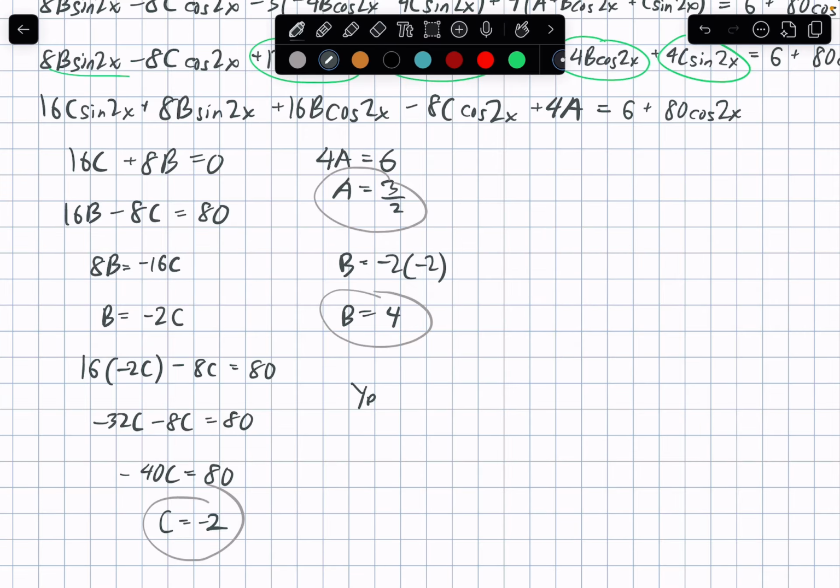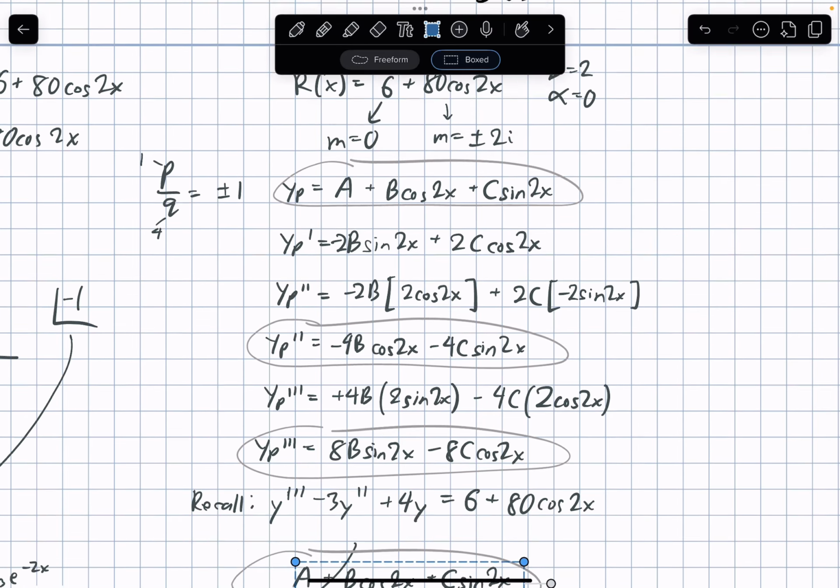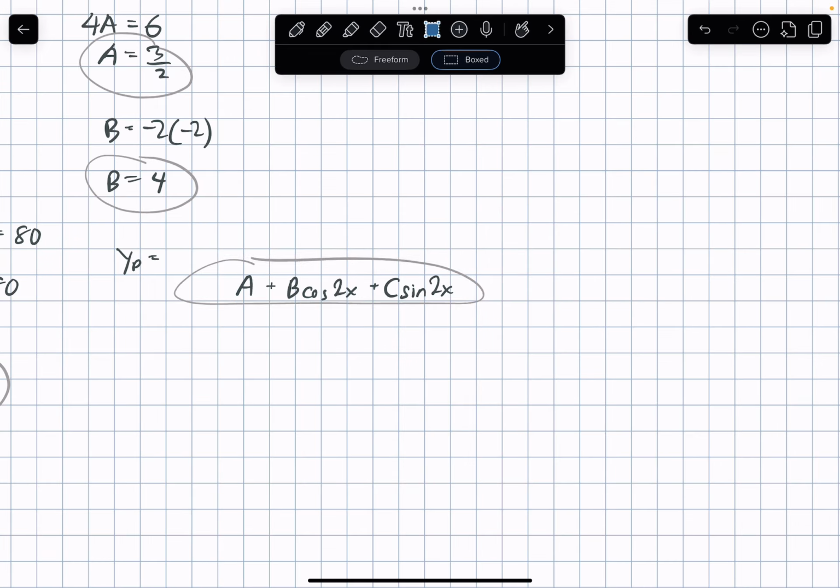Recall y sub p. It's equal to what? This.